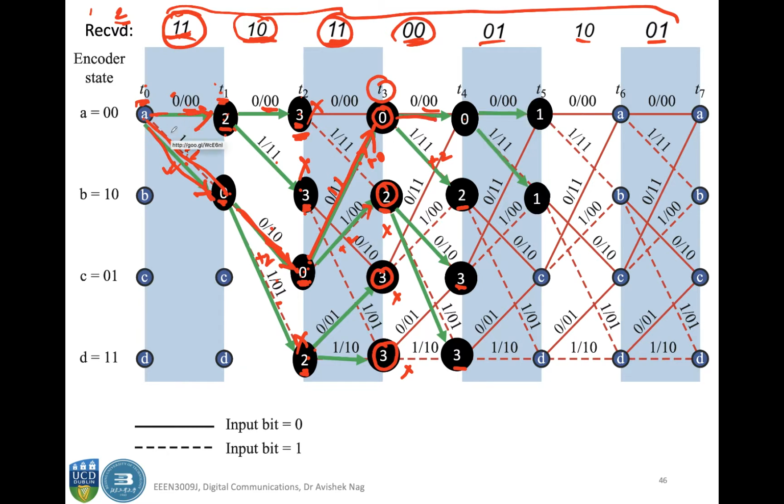Now if we go on further and keep doing the same steps, that is, calculate the incremental path length based on the Hamming distance and then add that to the previous values, we will get the total distances. These two paths are still giving you 1 as the accumulated sum of the path lengths.